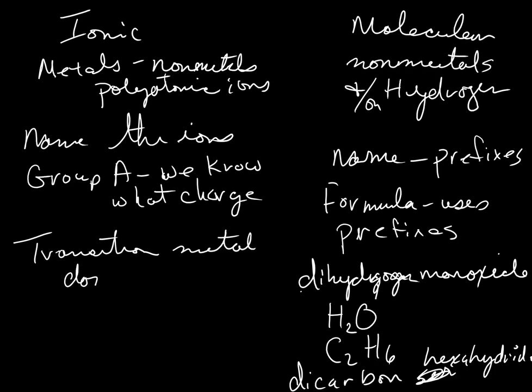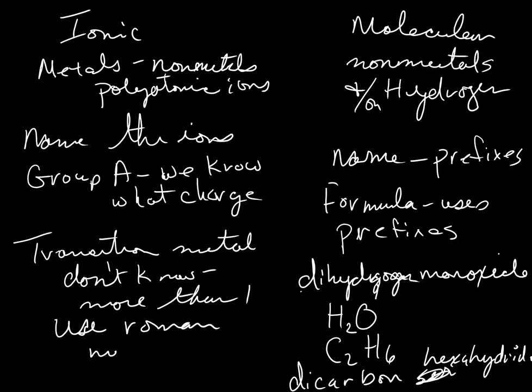We don't know their charge because there's more than one. Iron sometimes loses 2 electrons, iron sometimes loses 3. We have to say which one of those it is. Okay? So those, if it's a transition metal, we use Roman numerals.